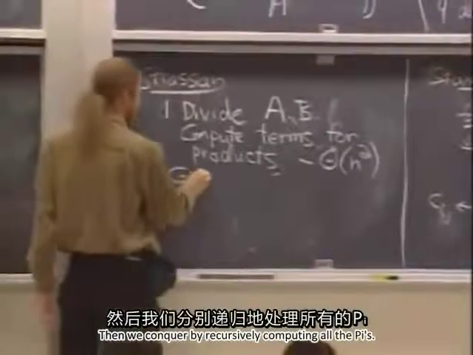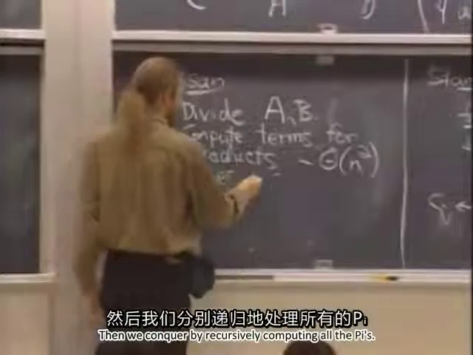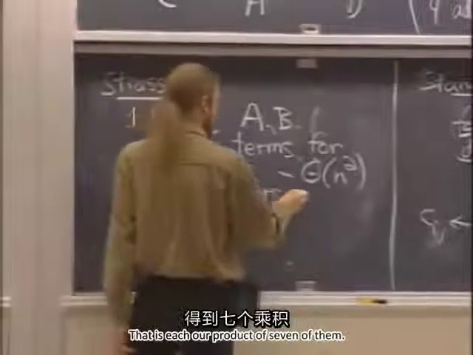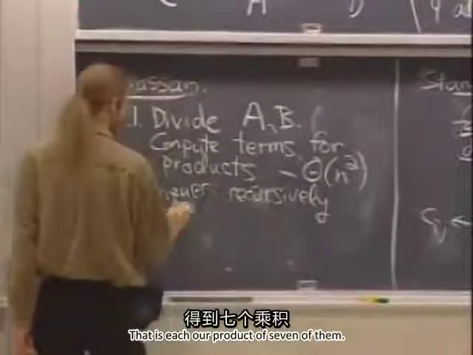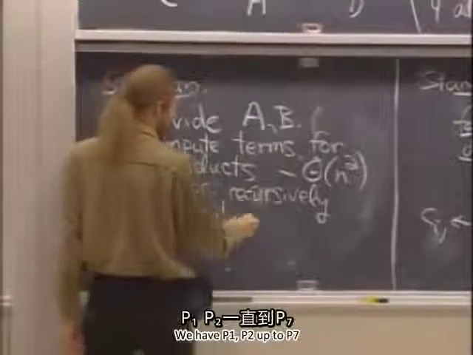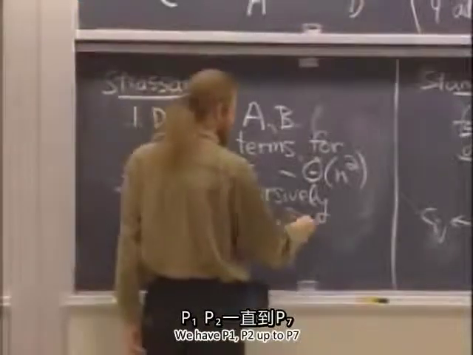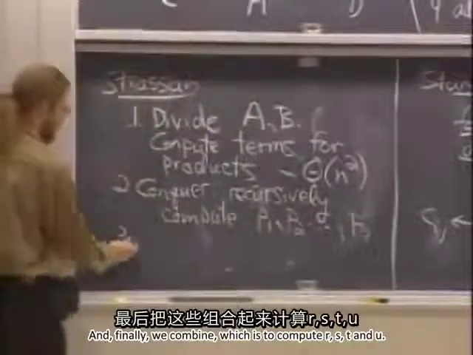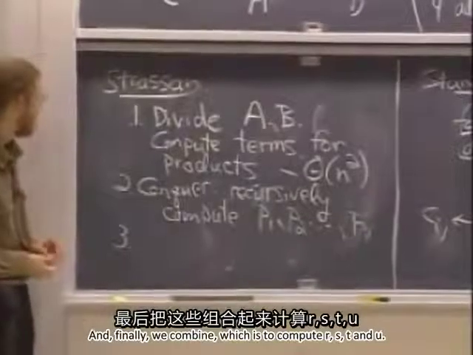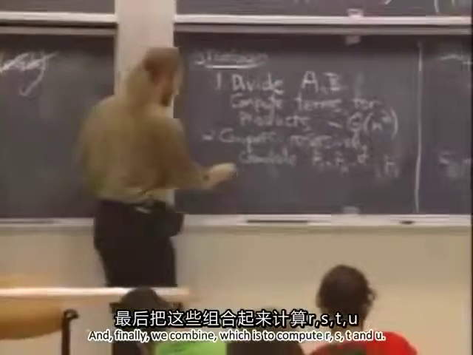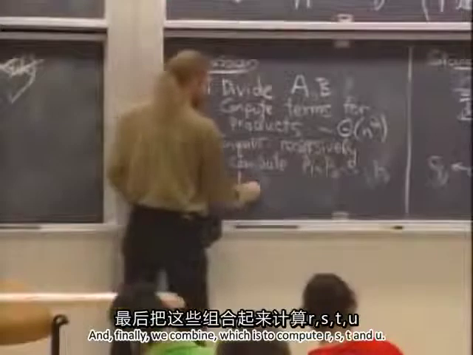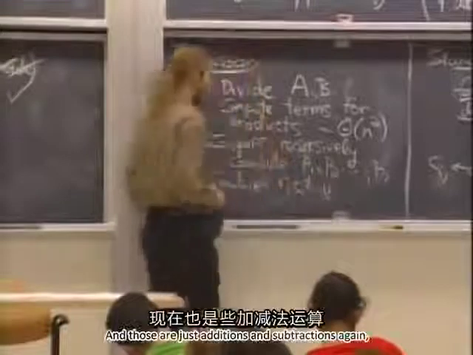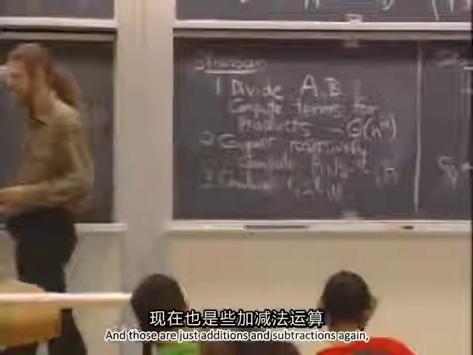Then we conquer by recursively computing all the Pi's. So that's each a product. There's 7 of them. So we have P1, P2, up to P7. And finally, we combine, which is to compute R, S, T, and U. And those are just additions and subtractions again, so they take n squared time.